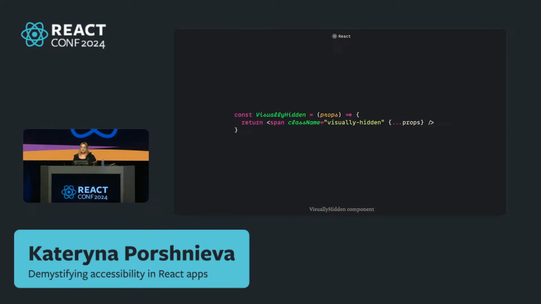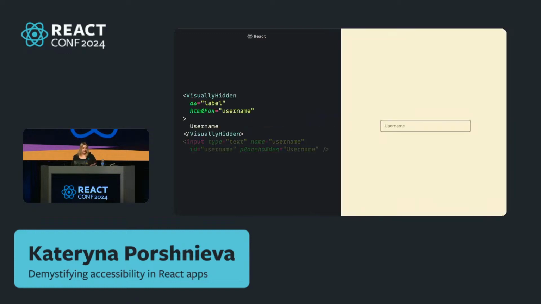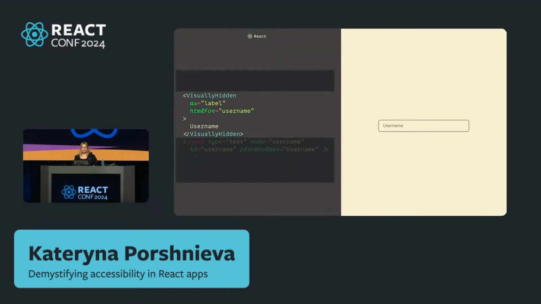We can take our visually hidden component from before and make it more flexible by providing the ability to set the semantic HTML element that it is rendered as, known as polymorphism. Now, we can render a visually hidden label with this visually hidden component, which will provide it within the accessibility tree, and therefore it can be announced to the user.